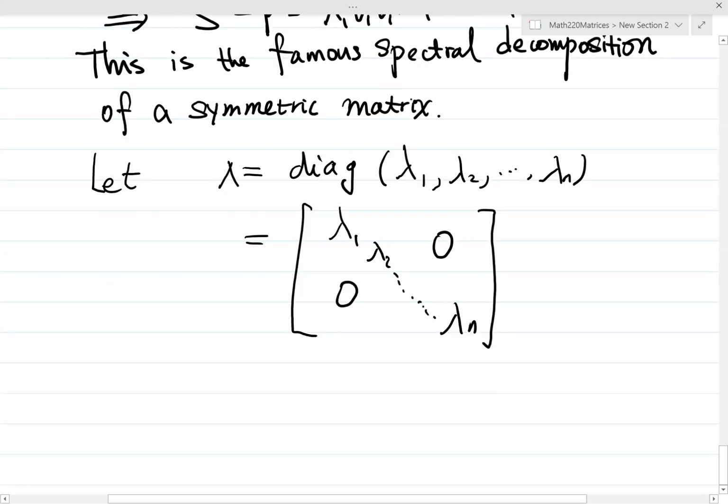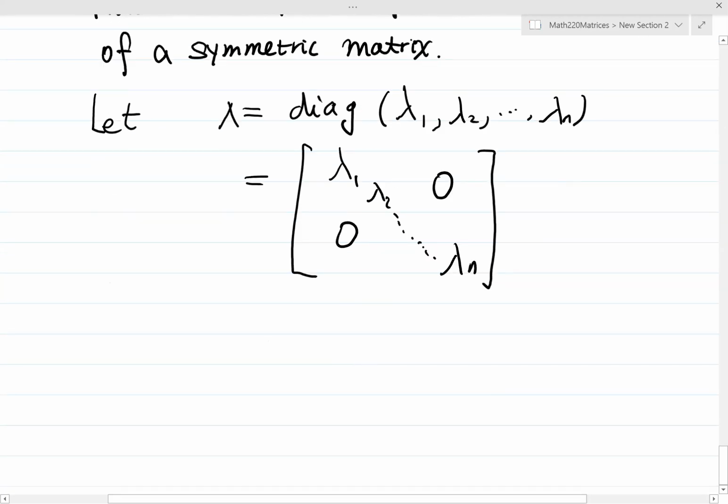Remember, we need the matrix X. We write matrix X with column vectors given by the eigenvectors.